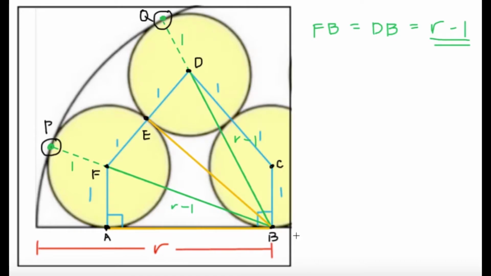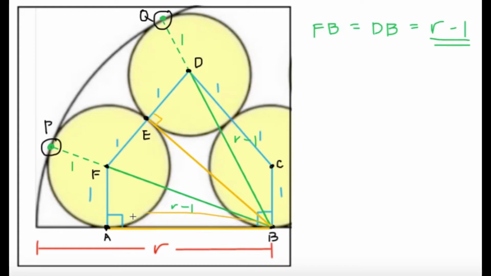Since BE is the median to DF in an isosceles triangle with FB equals DB, BE must be an angle bisector and an altitude at the same time. So BE would be tangent to FD. This gives us pretty nice results, because BE is tangent to circle F.